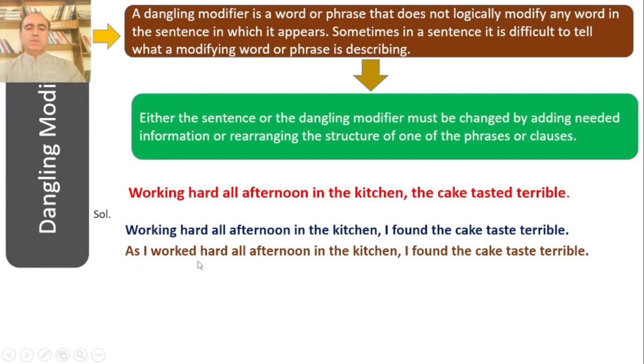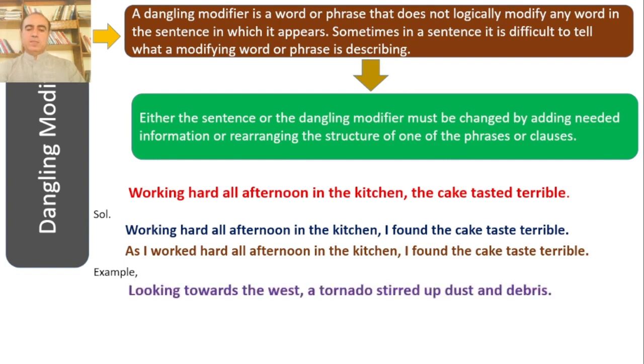So, as I worked hard all afternoon in the kitchen, I found the cake tasted terrible. So this can be your answer too. You can revise your statement like this or like this. These can be two cases or examples. You can have any other example of revision also, but these are the probable revisions.